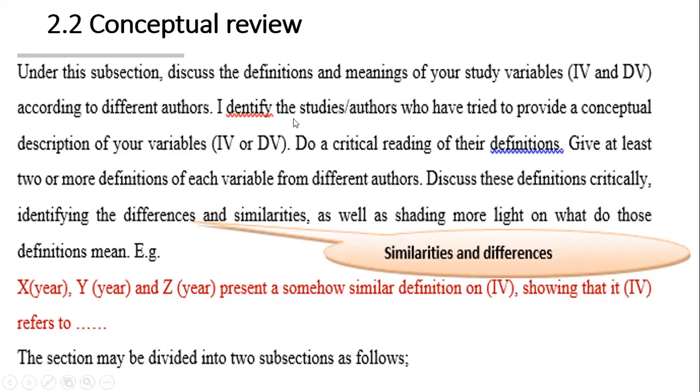So here we say to begin by identifying the authors who tried to provide a conceptual description of your variable. This one may also take you time. At a PhD level, you can even take a week trying to understand the conceptualization of your variable. Don't rush, although don't delay.